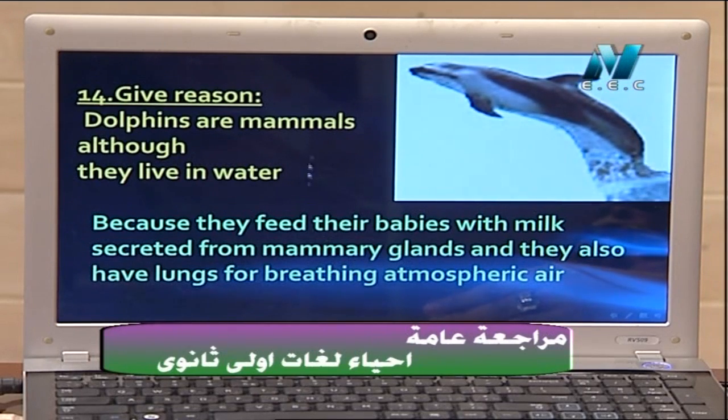Do you remember? Mammals, mammary glands. Also, although they live in water, they respire by lungs using atmospheric air, like whales. Whales and dolphins are the same: they live in water and respire by lungs, take oxygen from the air, give birth, and suckle their young with milk by mammary glands.